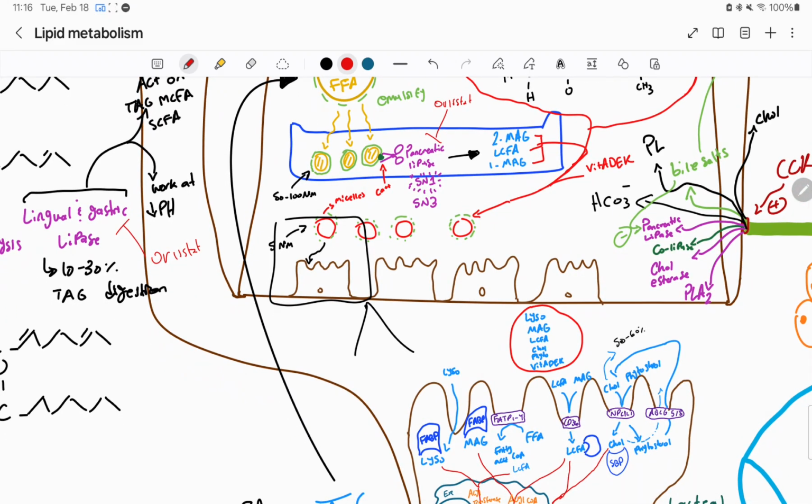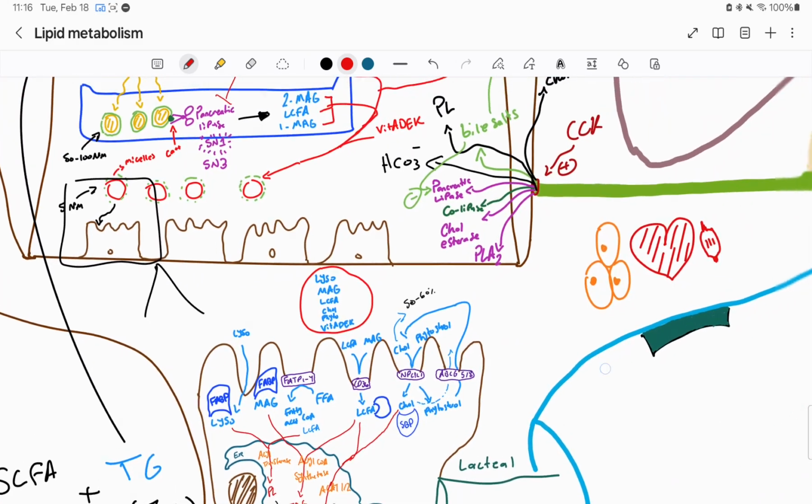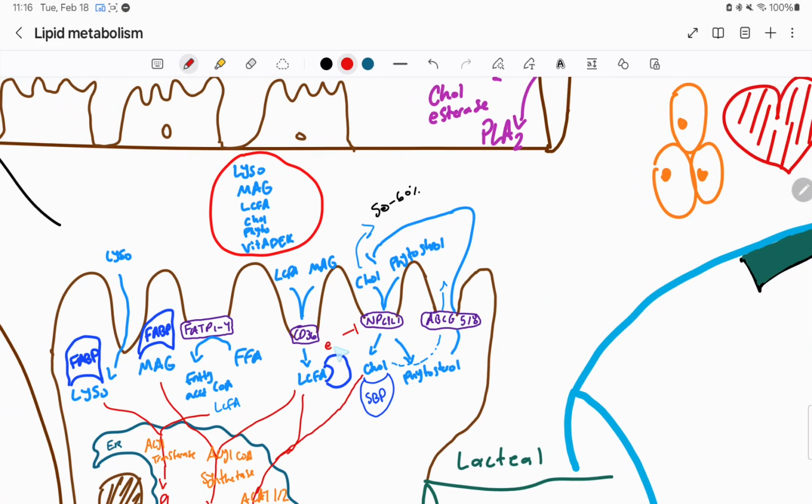Another drug that helps with cholesterol is called ezetimibe, and this transporter right here is the target of ezetimibe. So here is ezetimibe, and it actually targets this NPC1L1, which blocks cholesterol absorption to kind of help with controlling cholesterol.